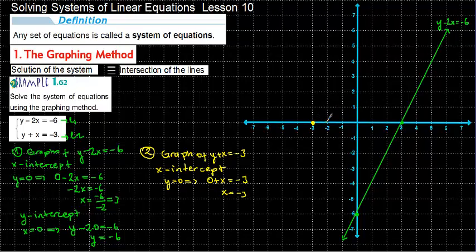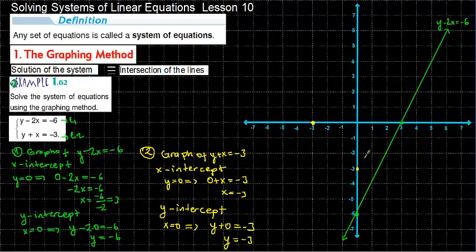And the second intercept, the y-intercept: x is equal to 0, and it's going to be y plus 0 is equal to minus 3, y is equal to minus 3. So the second intercept is minus 3 again.